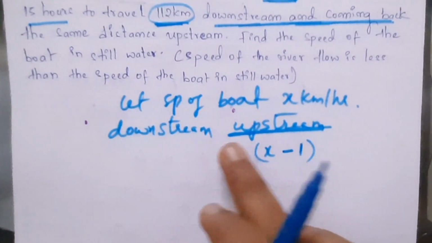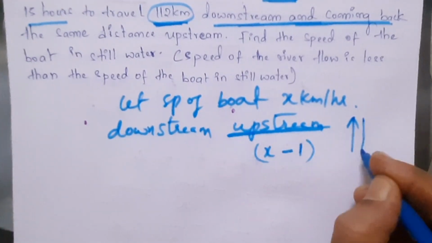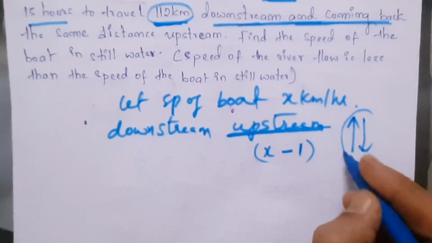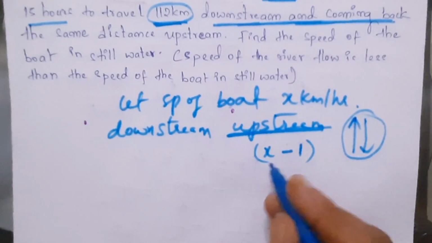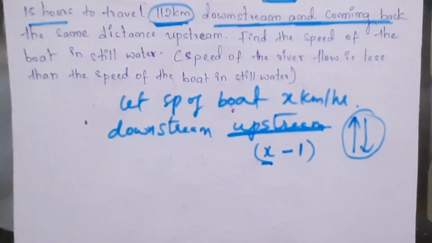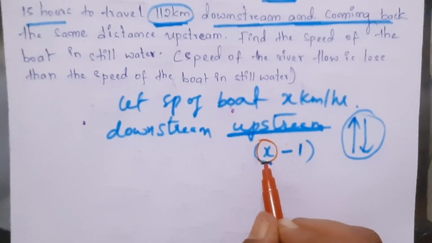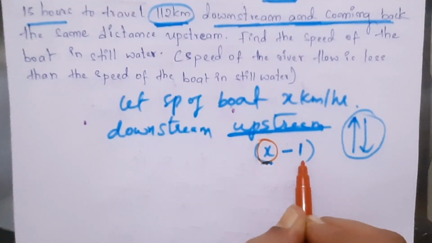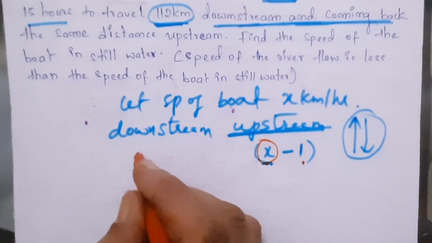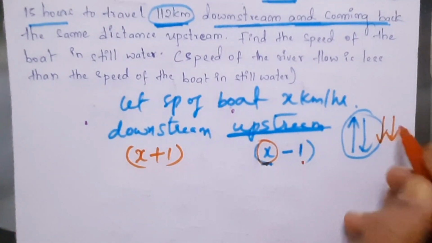During upstream, as the boat is moving against the flow of water, the speed gets subtracted. And one more thing to keep in mind, the speed of the boat will always be greater than the speed of the river. So we always subtract the speed of the river from the speed of the boat. For downstream, as both of them are flowing in the same direction, the speed gets added.